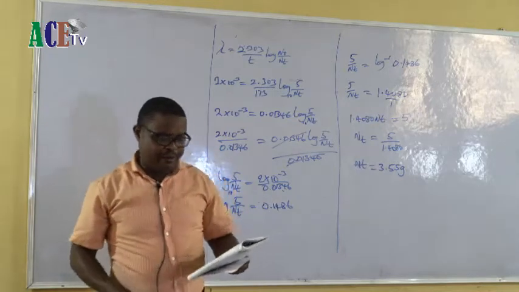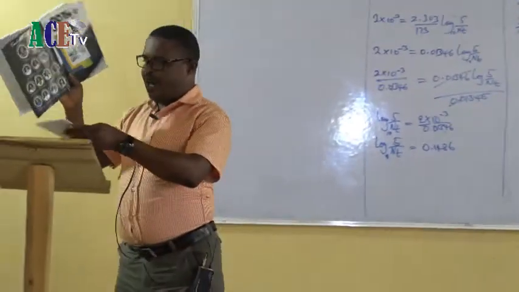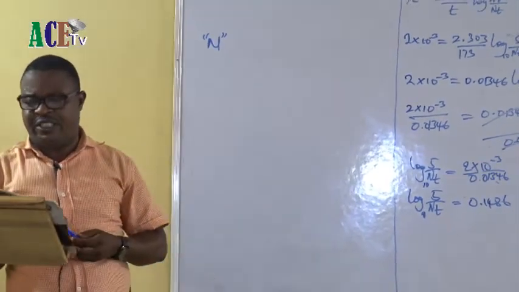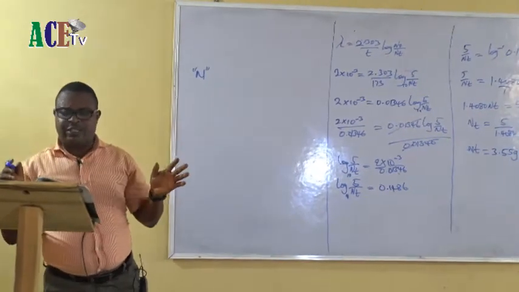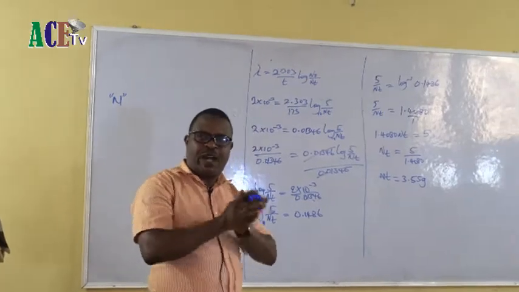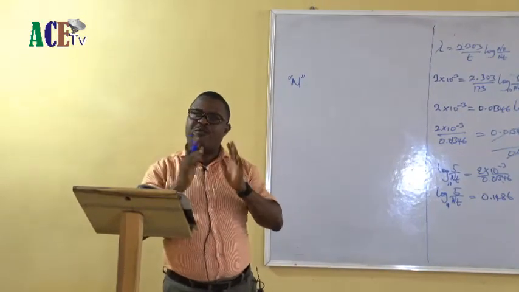It says when 50 gram and 25 gram of a radioactive element N decayed, it was found out that both have the same half-life.